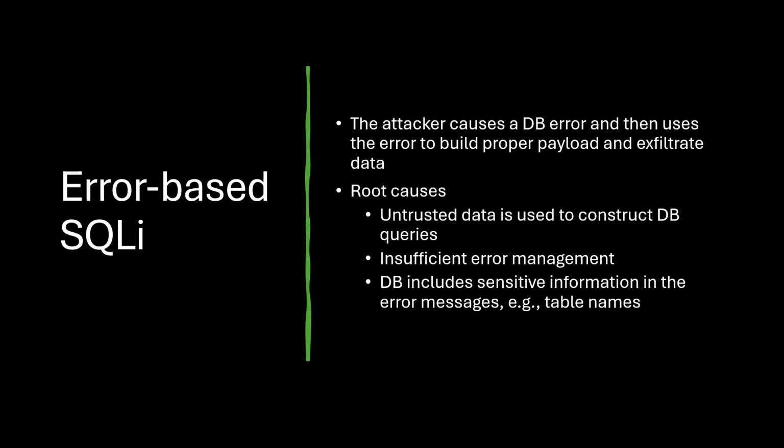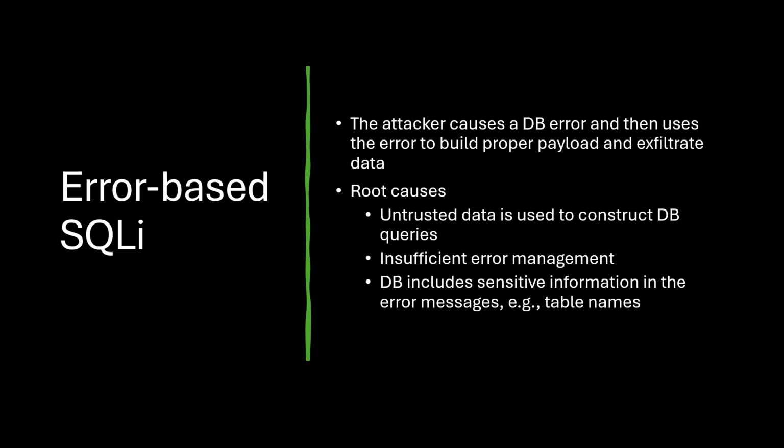The attackers use the error message to either build their payload or extract data from the database. If the UI returns the code where the issue happens, the attacker can use that to construct their payload. That is a very simple example, but there can be other scenarios that help attackers to improve their payload. The error message may also include data that the attacker is looking to extract.